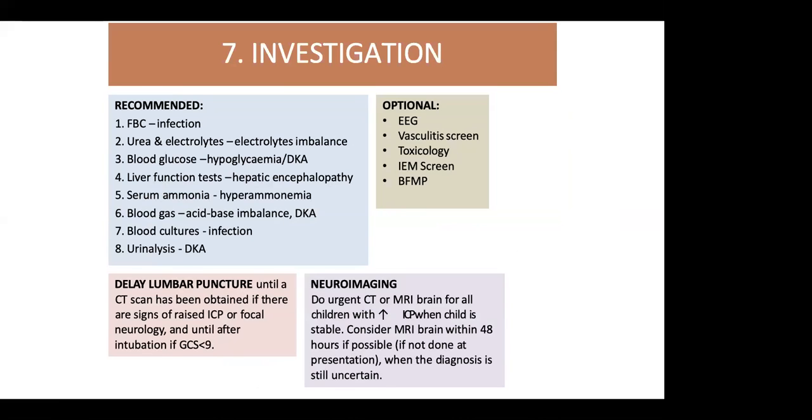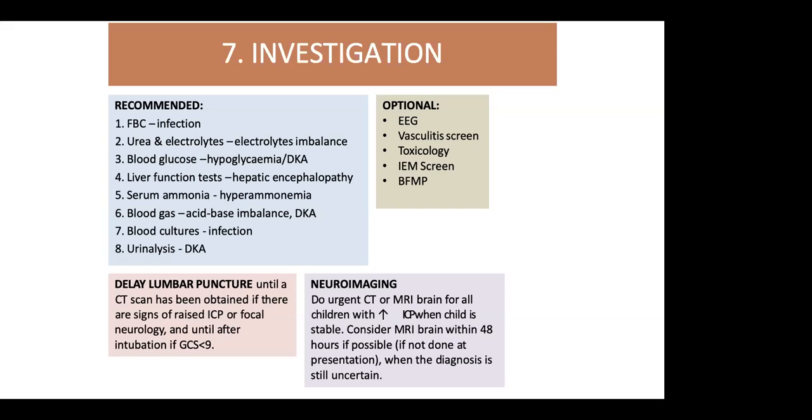Of course, we should do all the recommended routine investigations. The first one is FBC to look for evidence of infection. Next, urea and electrolytes to look for any electrolyte imbalance. The third one is blood glucose to check for any hypoglycemia or DKA. The fourth one is LFT, liver function test, in case of hepatic encephalopathy.